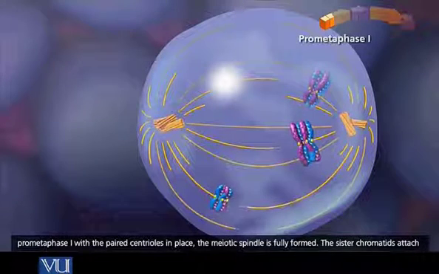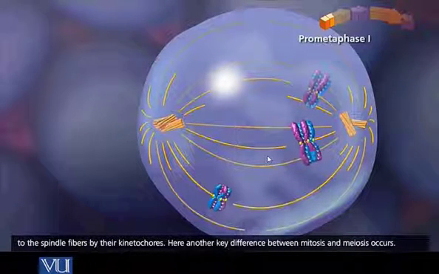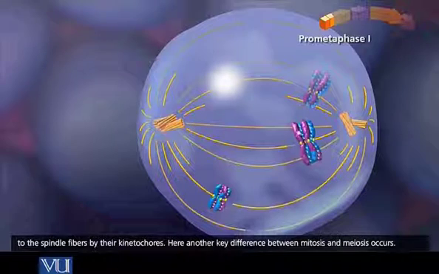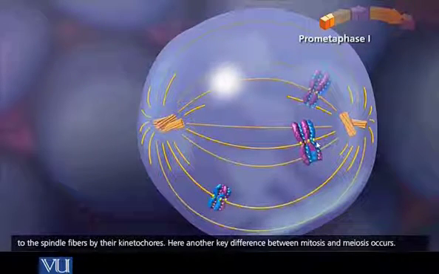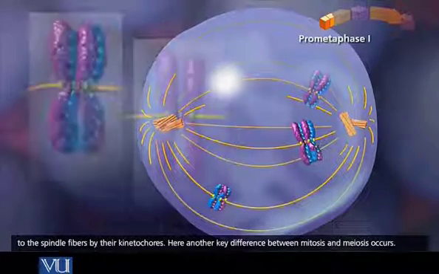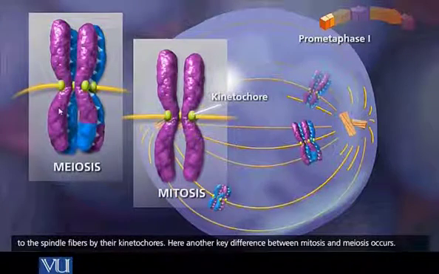Now in meiosis 1, the sister chromatids are not separated. The homologous chromosomes are separated. So there's a big difference between prometaphase 1 of meiosis and mitosis. Here we will have the kinetochore microtubules attached to the kinetochores of homologous chromosomes.